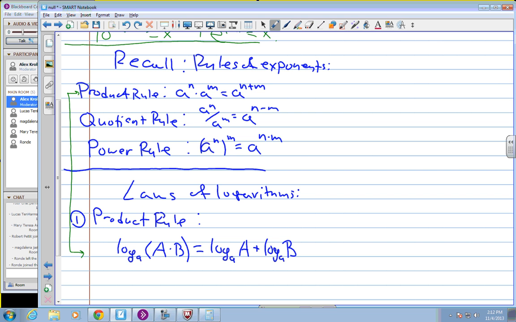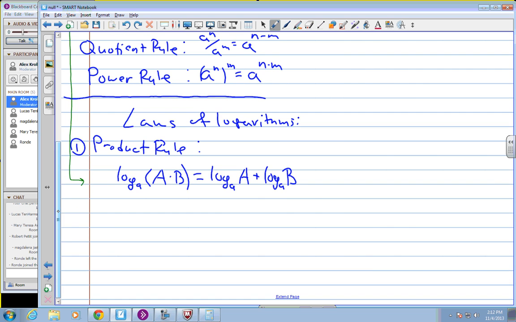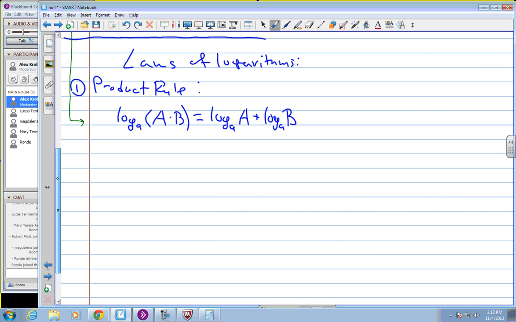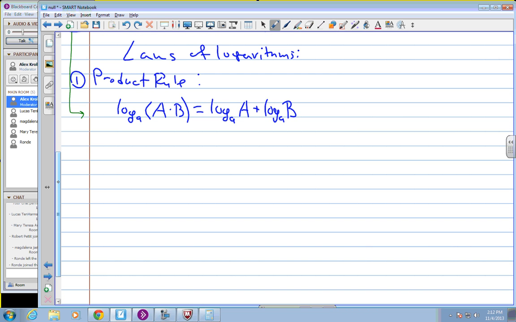Now, we can prove this. Don't write this down, how we prove this, but I'll wait till you write that law down, and I'll show you how to prove it. So, the way we can prove this, I'm going to take a number a, and I'm going to raise a to the left side of this identity, which is log base a of AB.